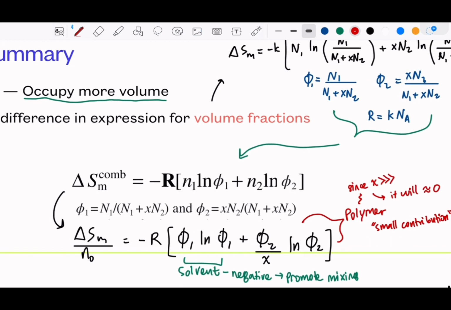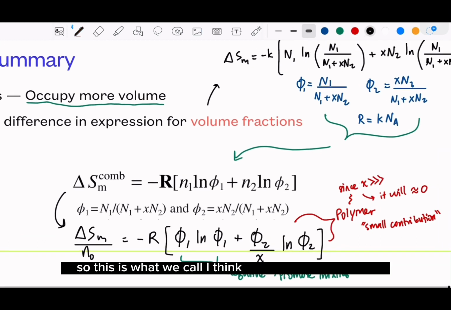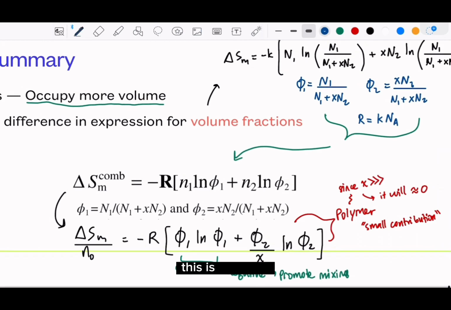Okay, so this is what we call, I think I forgot to rename this, the Flory-Huggins model for polymer solvent.